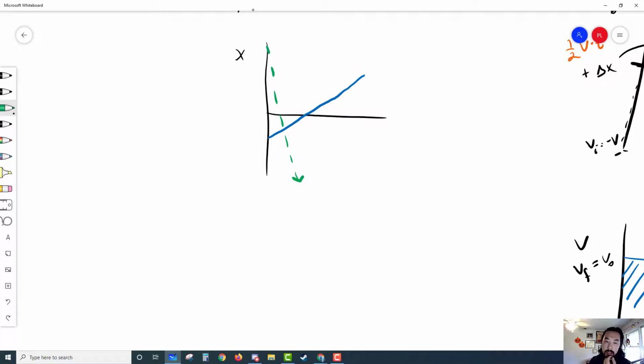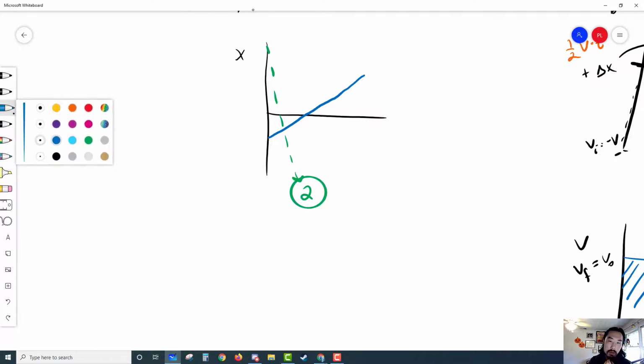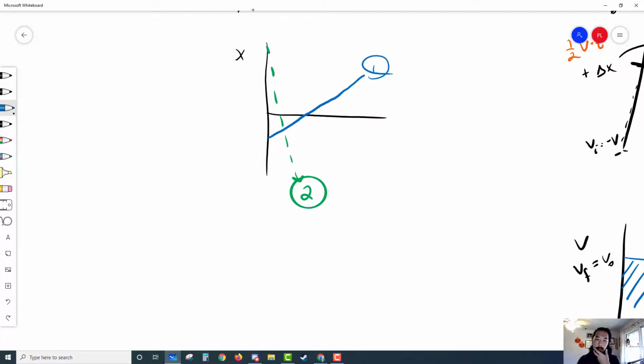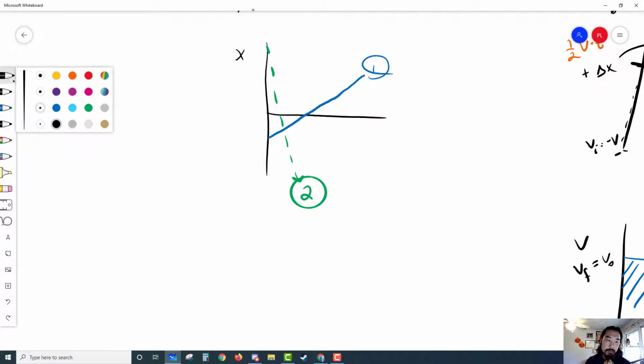I will call this object 2, and the other one object 1. So a question that they could ask is, at this time interval right there, what's going on?